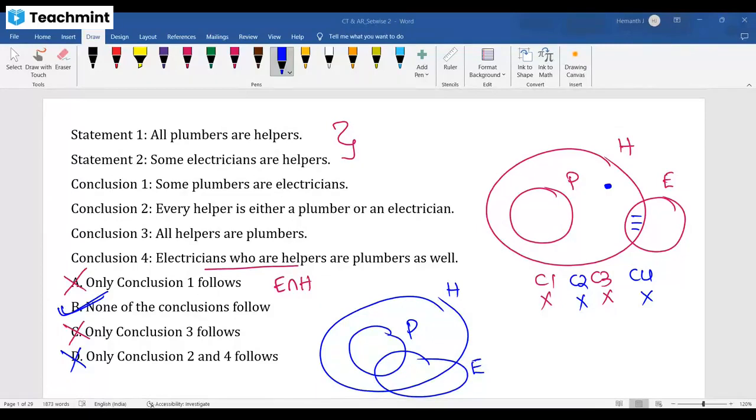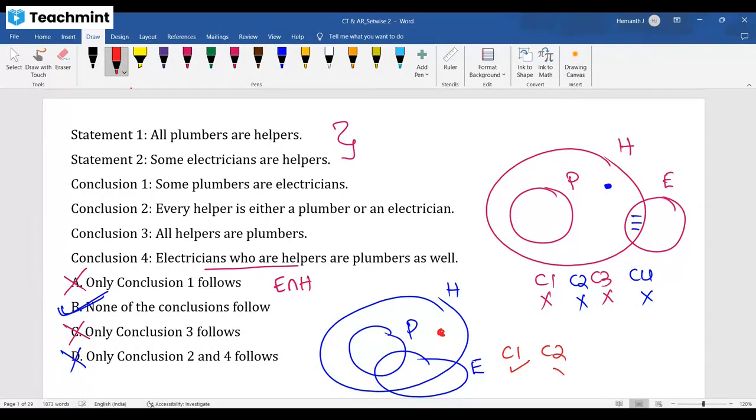Okay, don't go with one diagram. What is conclusion? It should be true in all diagrams, right? How many times do I have to say? You're drawing one diagram saying only my diagram is correct. That's what you are doing wrong, dear. Please kindly upgrade. Be open-minded. When you make a mistake, accept it, right? Here it's true, okay. But still, see, this helper is not in plumber or electrician.